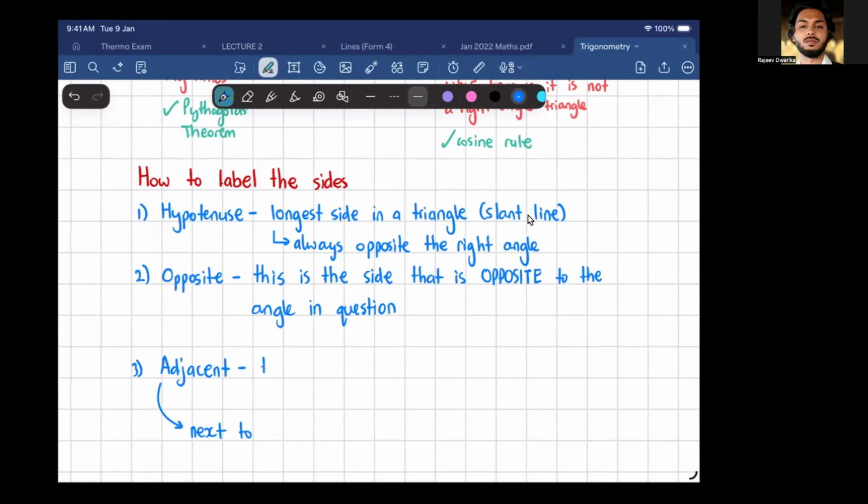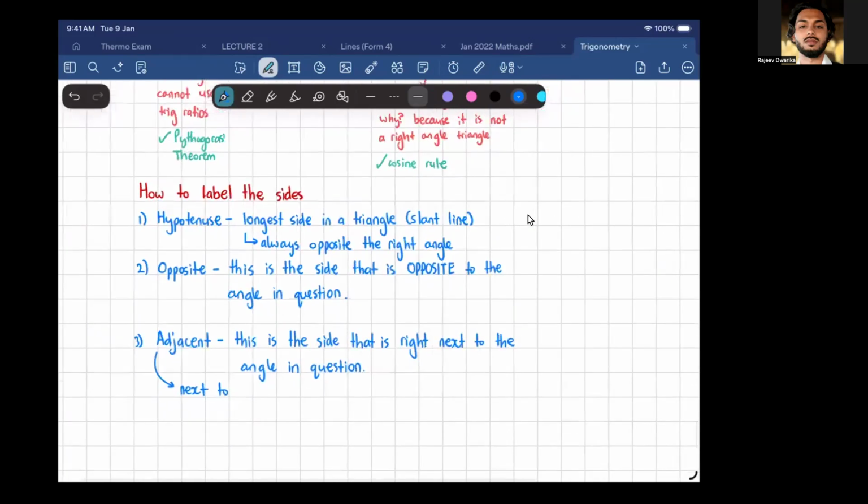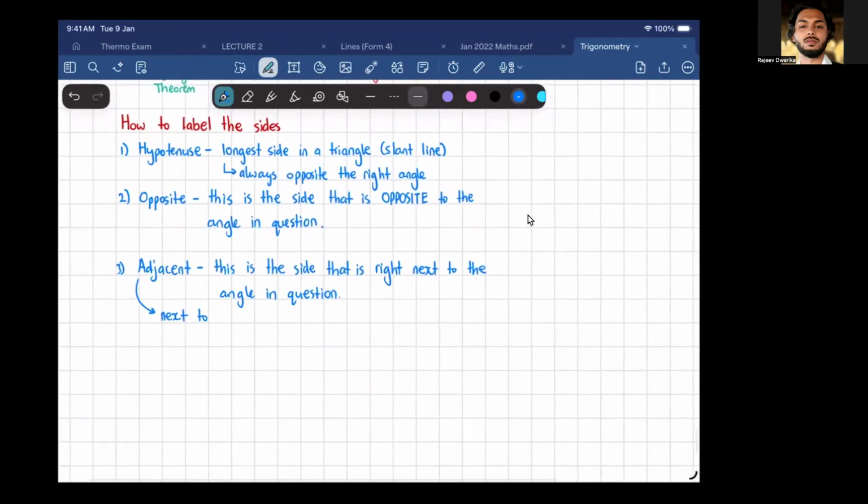right? So this is the side that is right next to the angle in question. All right, so I want you guys to take this down really, really fast. And I'm going to draw some examples in the meantime.